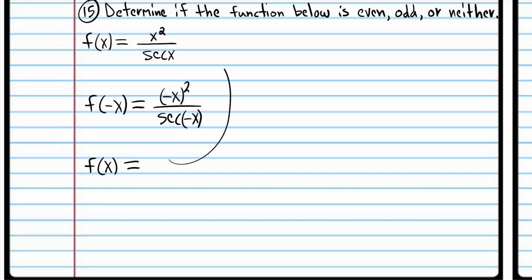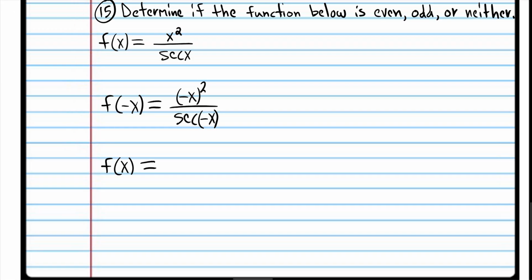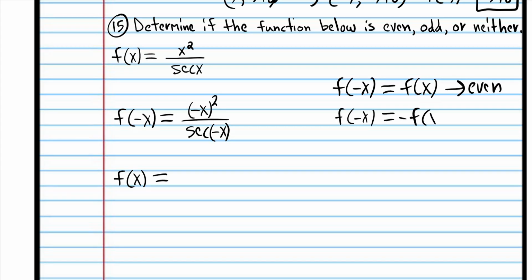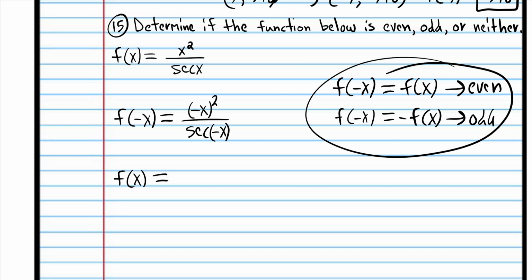If we get the original expression except a negative in front of it, then that means it's an odd function and it's symmetric about the origin. So that's what you need to remember. If f of negative x is equal to f of x, then it's even. If f of negative x is equal to negative f of x, then the original function is odd. That's all you have to remember.